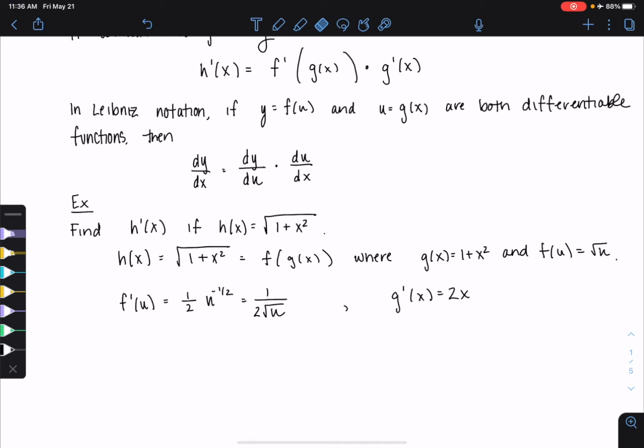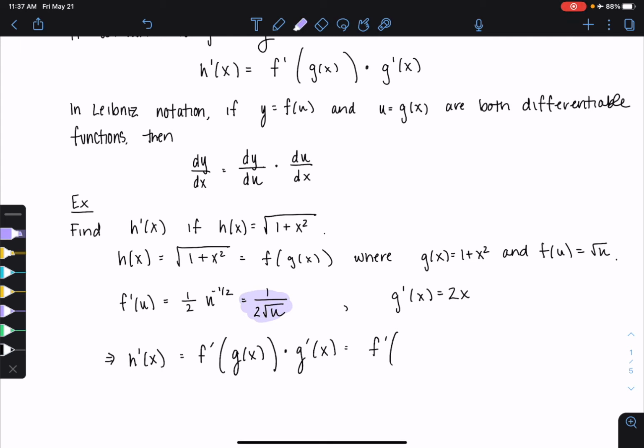So if I want the derivative of h of x, this tells me my derivative, h prime of x, is going to be the derivative of my outer, evaluated at my inner, multiplied by the derivative of my inner. Essentially, we are going to evaluate this derivative at g of x, so that's going to be evaluated at 1 plus x squared.